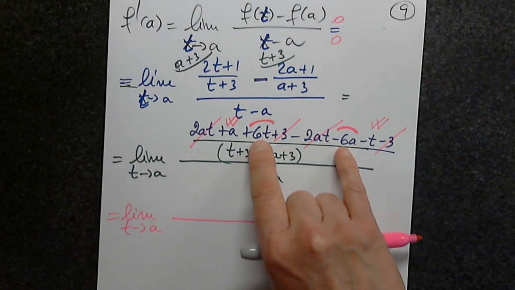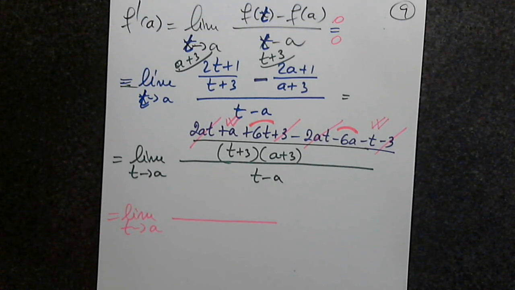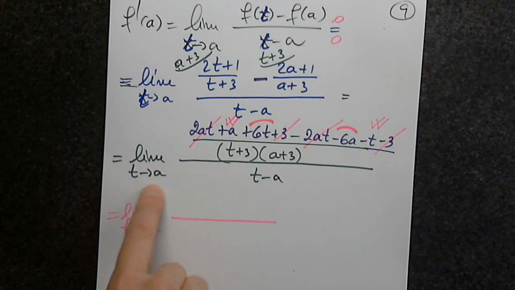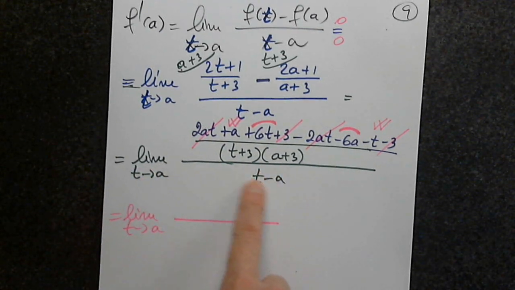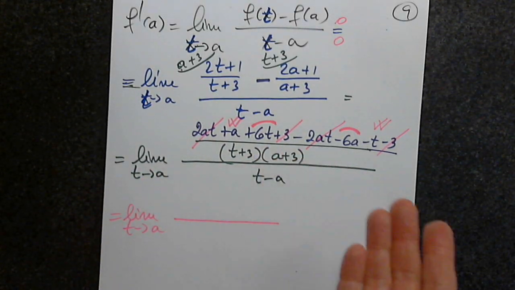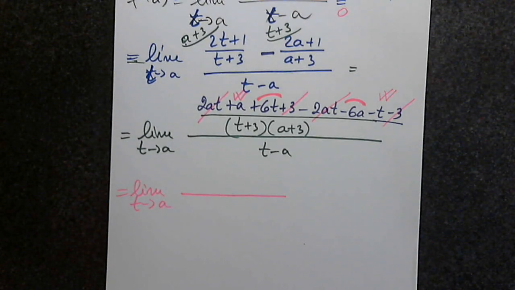By the way, what am I trying to get rid of? Which one is the culprit that creates 0 over 0? Of course, t minus a. T minus a is the problem. So I'm trying to see if I can factor the top, factor out the t minus a.